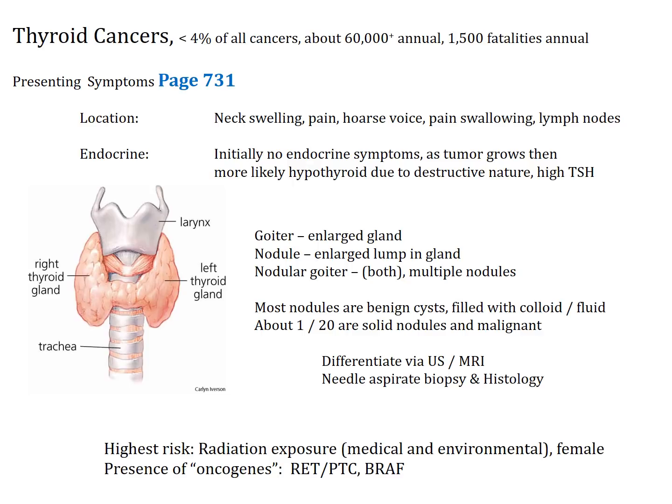You're trying to prevent radiation exposure to the thyroid, minimizing your future risk of thyroid cancer. Extremely important. Females tend to have a higher incidence of thyroid cancer versus males. And again, remember this term oncogene. Individuals who carry certain types of oncogenes may also have an increased predisposition to thyroid cancer.